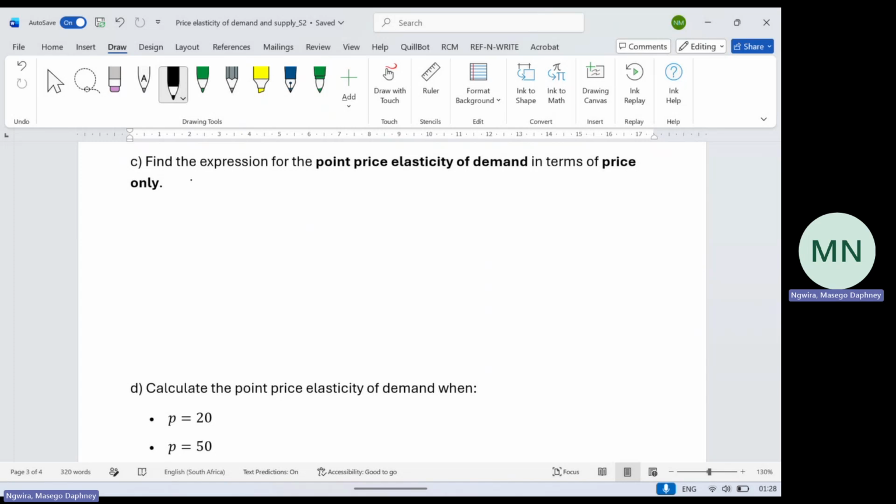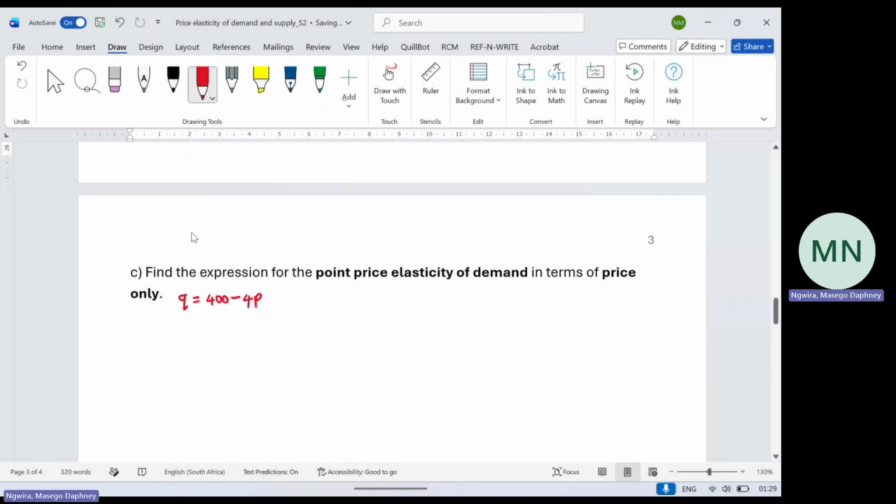So it's Q is equal to 400 minus 4P. Let's start there. All right, and we already know that this is our B, by the way. -4 is our slope. If you remember very well, that's our B.